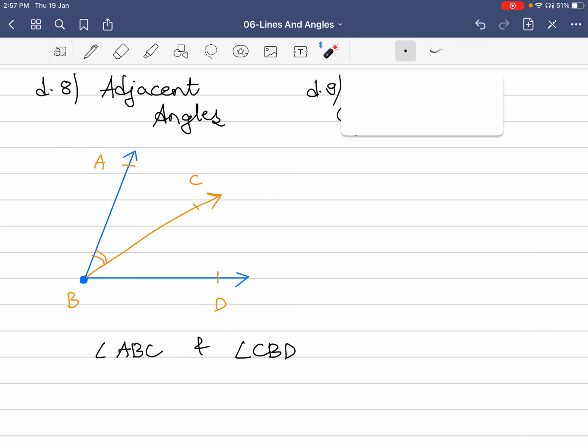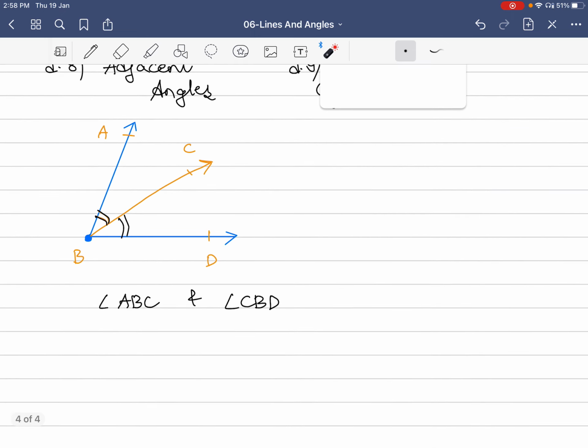Now these two angles are called adjacent angles because they have a common arm, and they have a common endpoint.